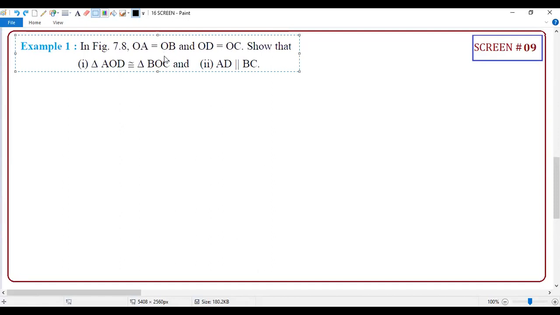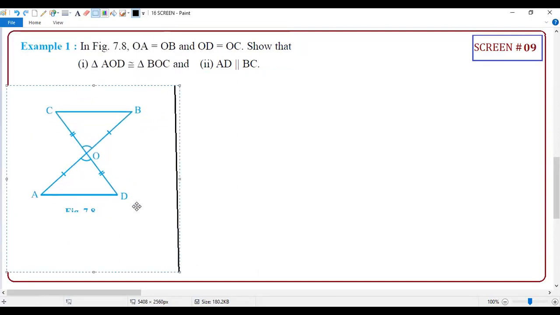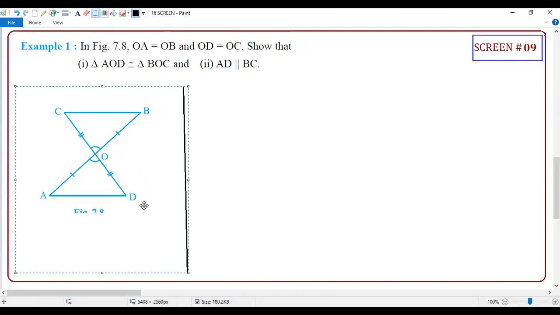Are you seeing example number 1? Everyone start trying.